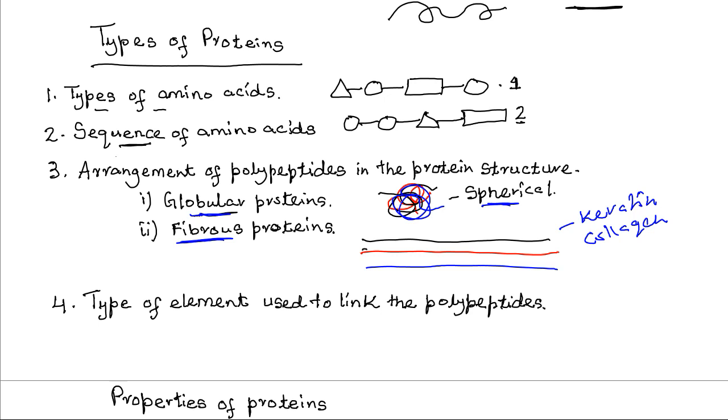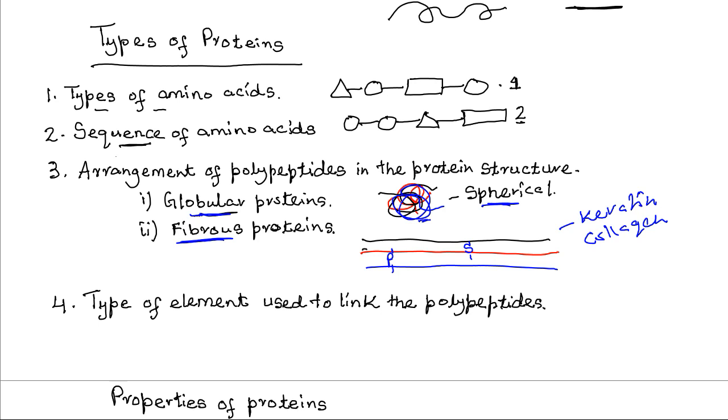Now then, the fourth feature that determines the type of proteins is the elements that are used to link the polypeptides. As mentioned earlier, these elements can be sulfur or phosphorus, both in the fibrous and the globular proteins, because these chains must be held together by chemical bonds.